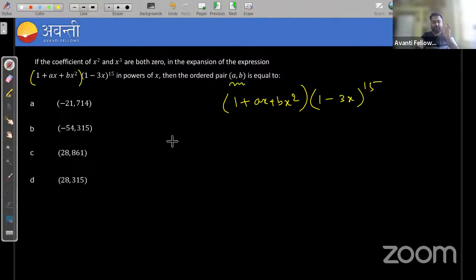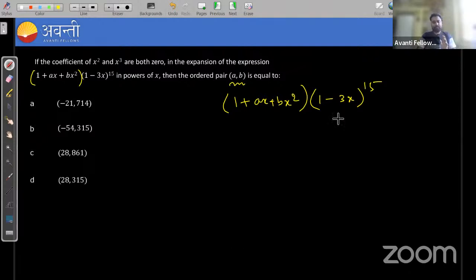That means you need to find the values of a and b, right? Which of the following is correct? I have already written the given expression in the question. So how can we solve this question?